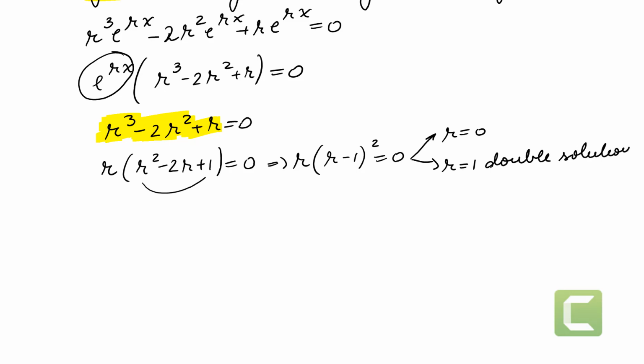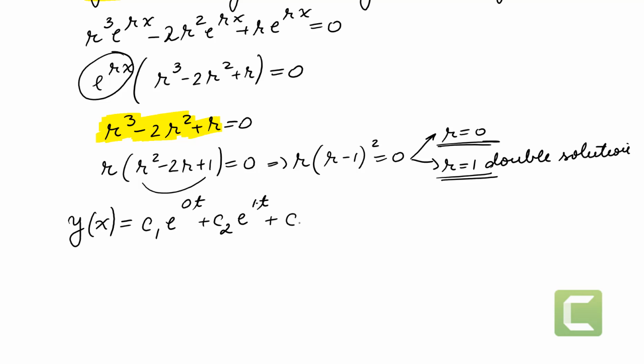So then our solution to the homogeneous third order differential equation is c1 e to 0t, plus c2 e to 1t, and then because it's a double solution, plus c3 t. Oh, sorry, I changed my variable.